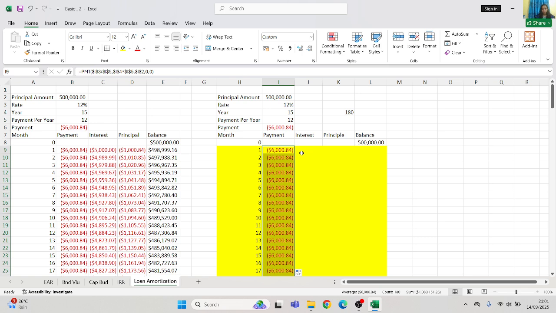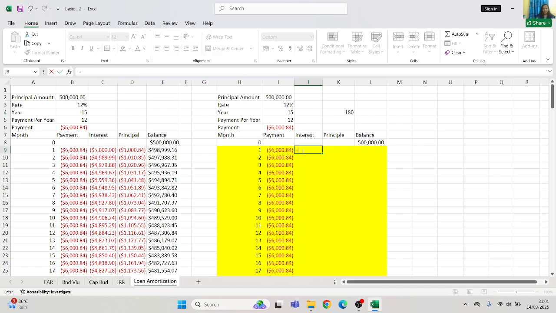Then we have to find interest. For interest, we type equal, then type IPMT, then type tab, rate.